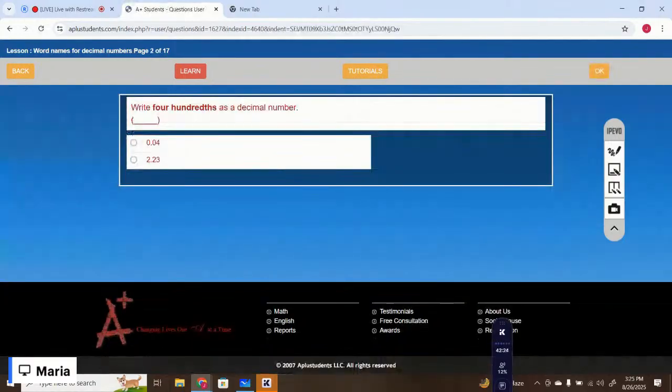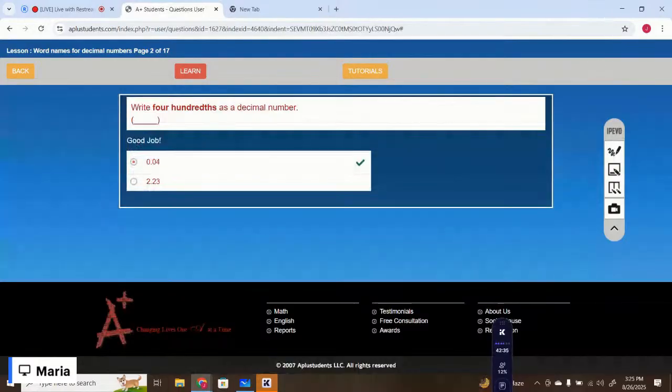Write 400th as a decimal number. So which is the correct option? 4 must be at the 100th position. So it would be 0.04. Option number 1 is the correct option.